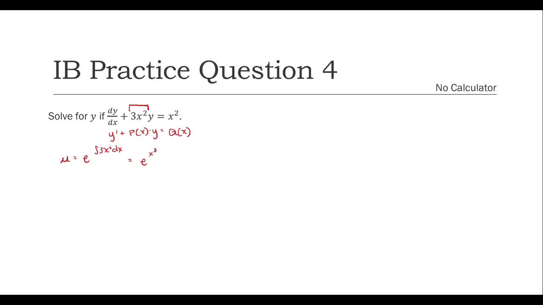Now we're going to multiply that by all of the terms. So we have e to the x cubed times dy dx plus e to the x cubed times 3x squared y equals e to the x cubed times x squared.